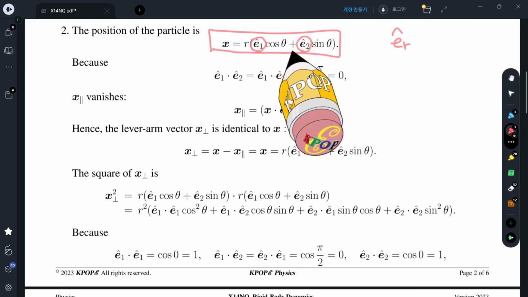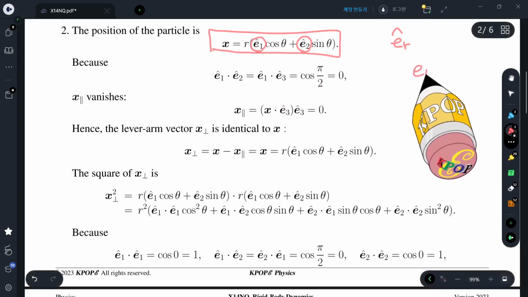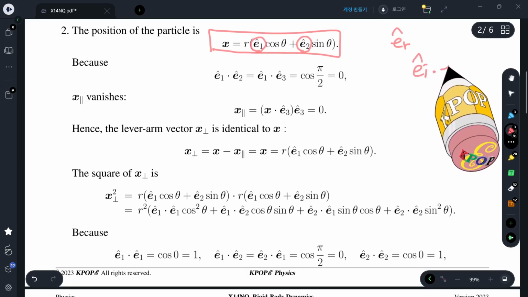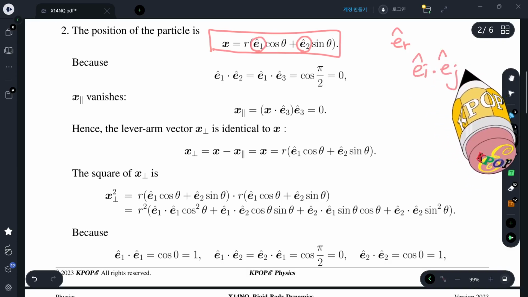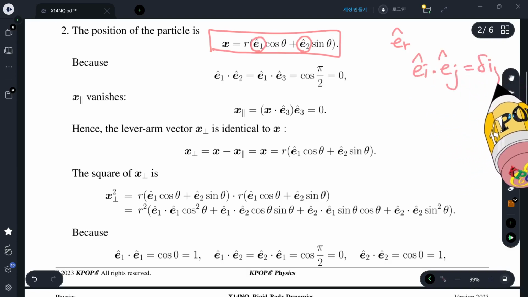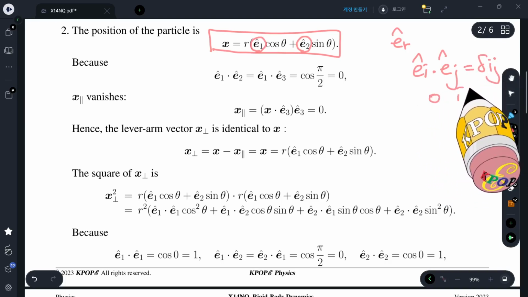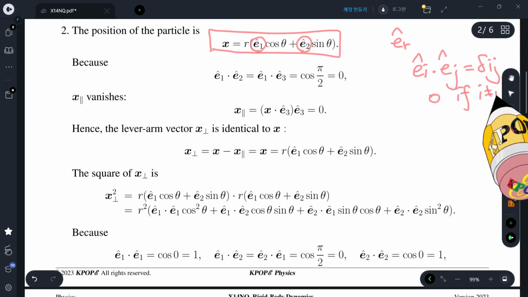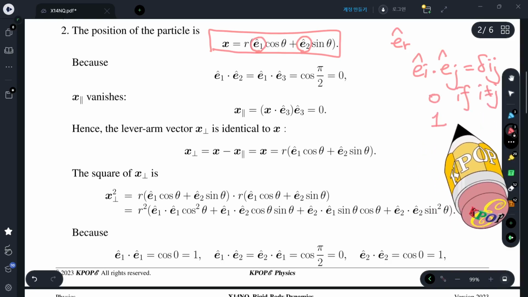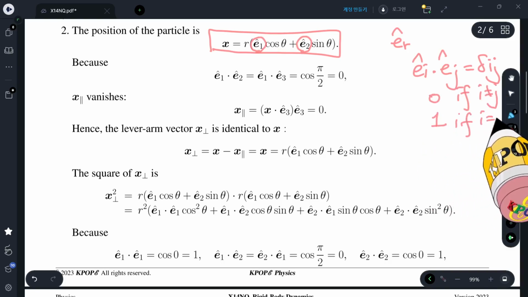The merit of using Cartesian unit basis vectors is e_i dot e_j equals the Kronecker delta. It is 0 if i is not equal to j, and 1 if i equals j.